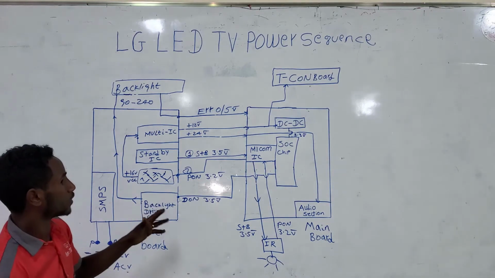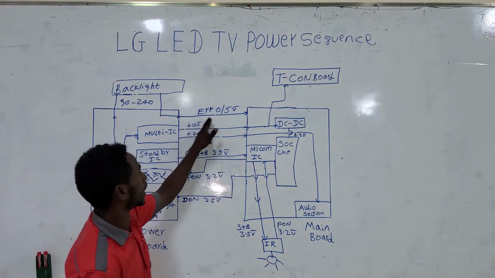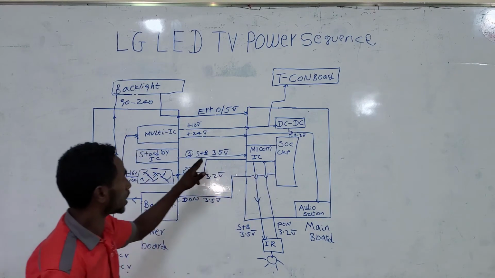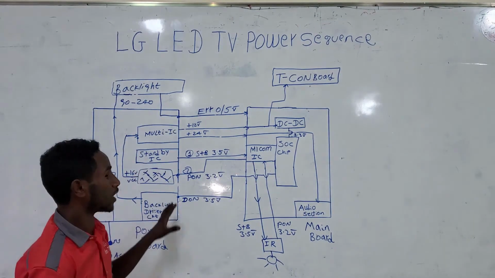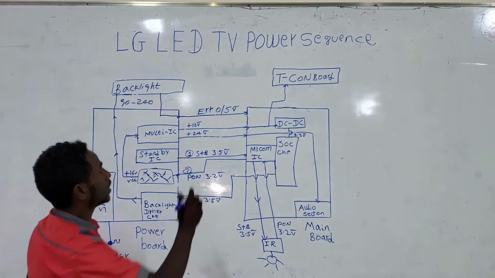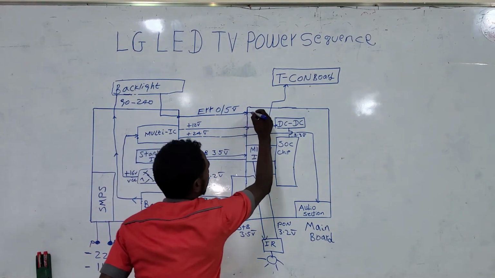The error voltage goes directly to the SOC chips, right? When the SOC chips receive this voltage, either 0 or 5, we will have some control mechanism.